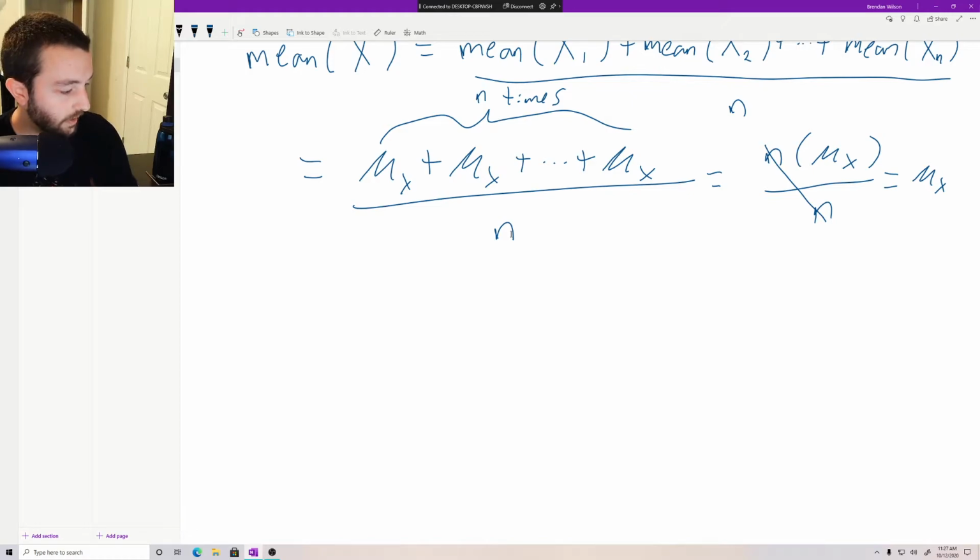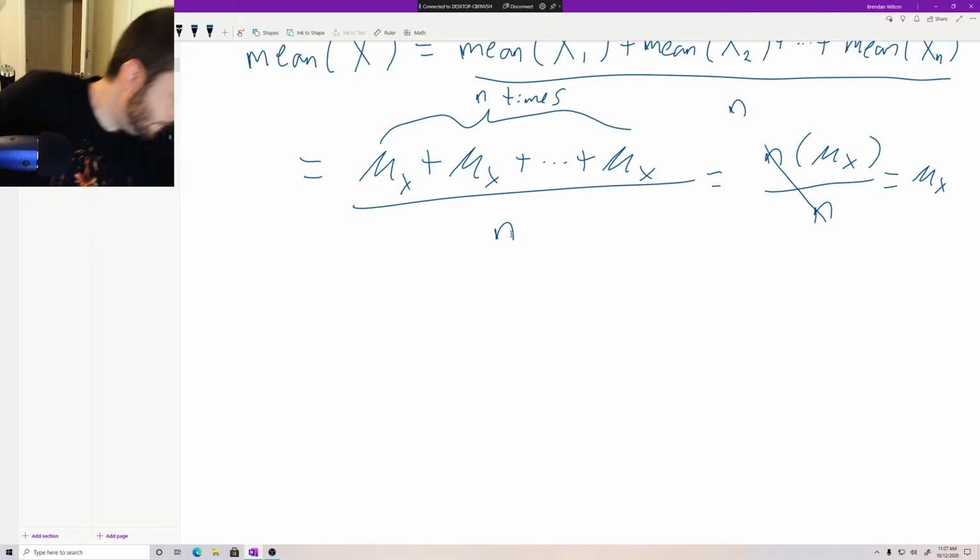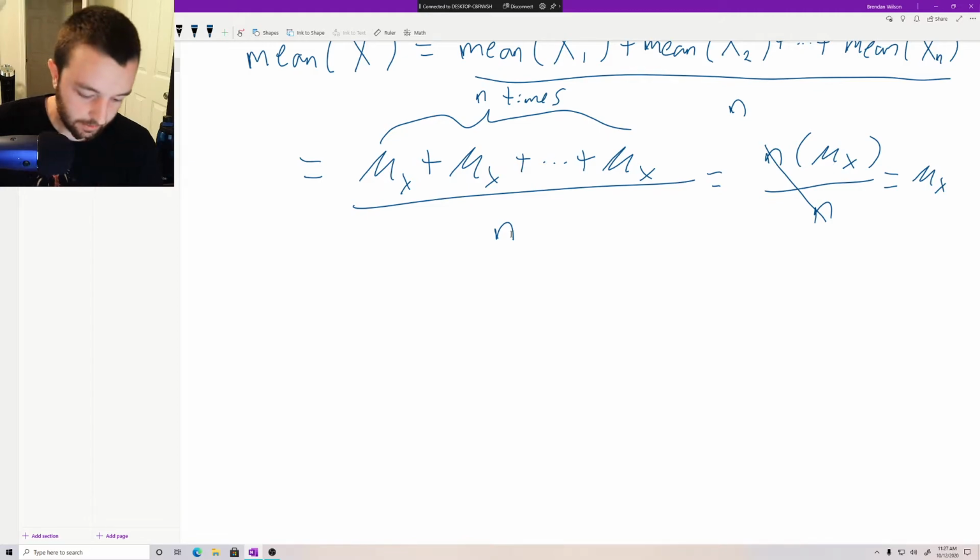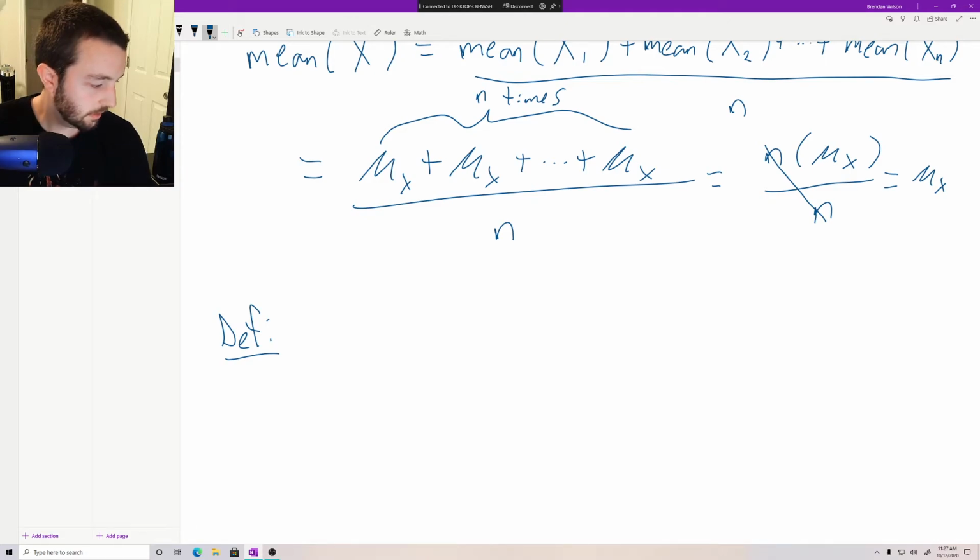There's only a couple more things in 7.1 I think are worth mentioning. All right, so sigma x bar.